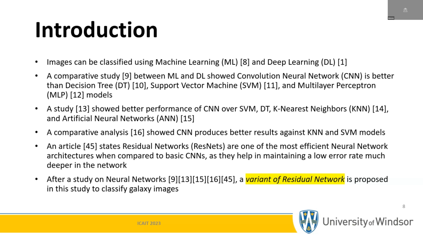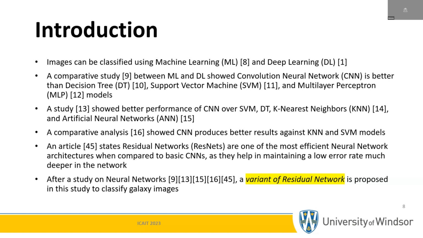A comparative study was recently done by a PhD student, I think in Brazil. They compared the traditional machine learning methods with the more state-of-the-art CNN-based algorithm to see which one is better.